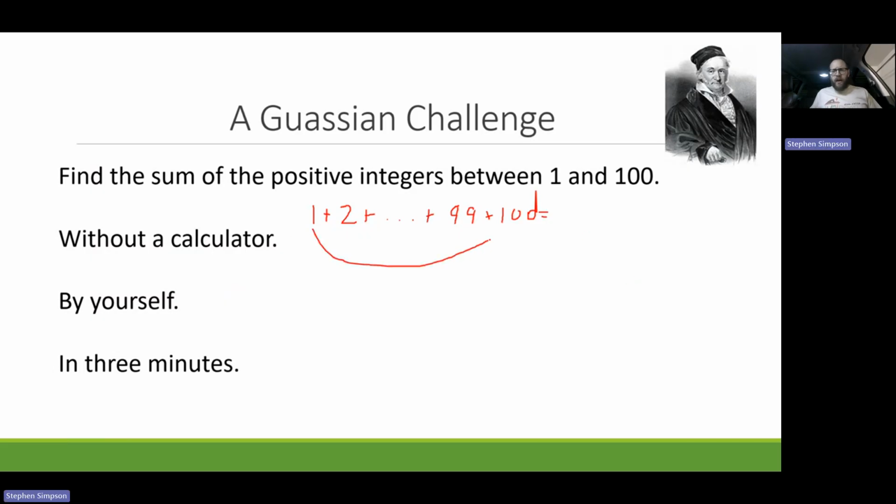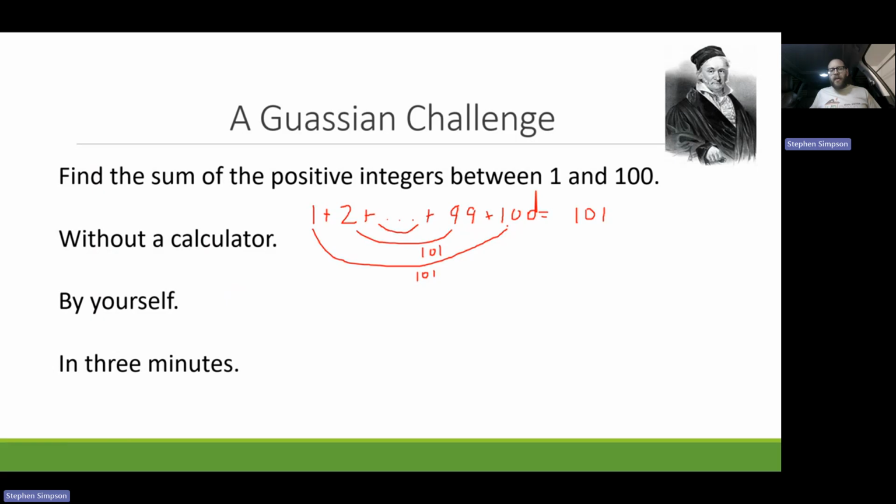So the key here is that 1 plus 100 is 101, and so is 2 plus 99, and so is 3 plus 98, and 4 plus 97, etc. So you have a whole bunch of pairs of numbers that add up to 101. How many pairs of numbers that add up to 101? Well, I don't want to count them all, but I do know there were 100 numbers to start off with.